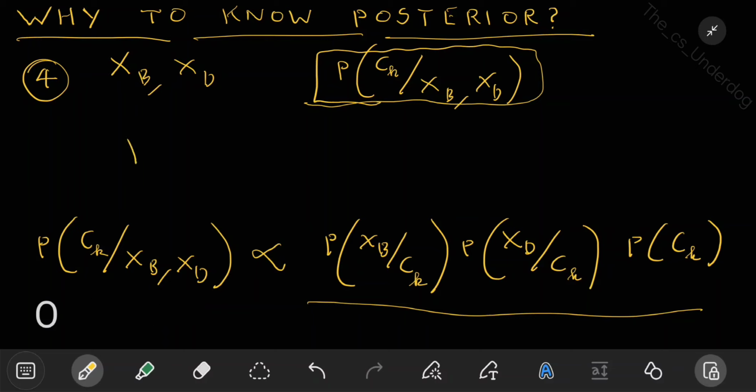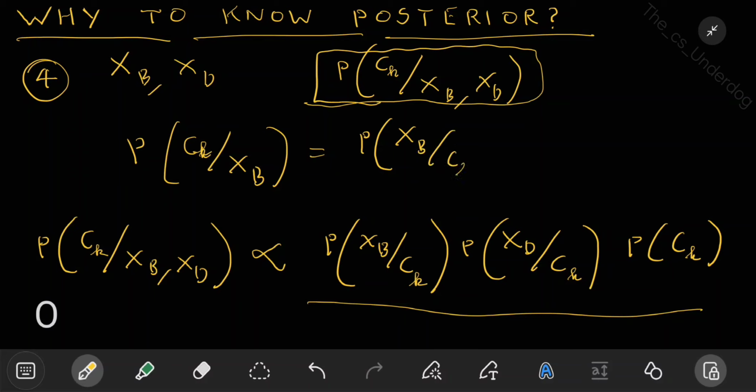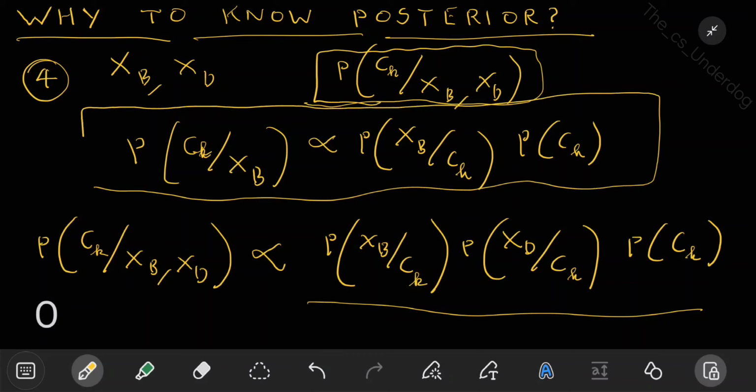Now, P of CK given XB should be directly proportional to P of XB given CK into P of CK.